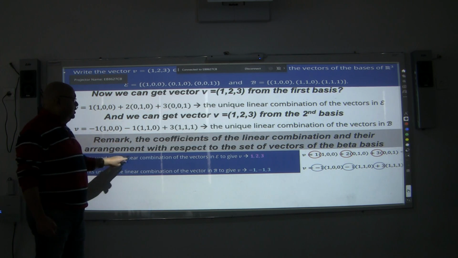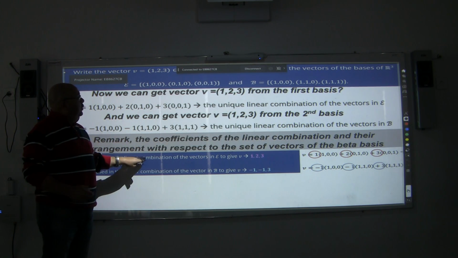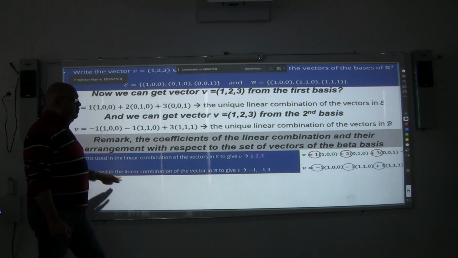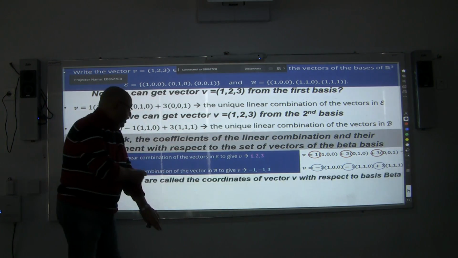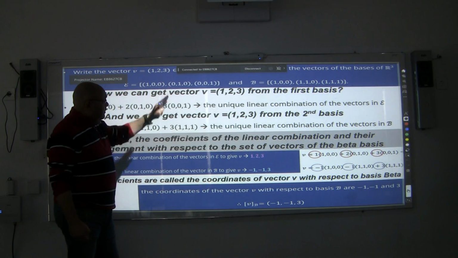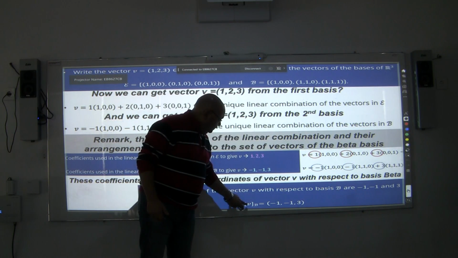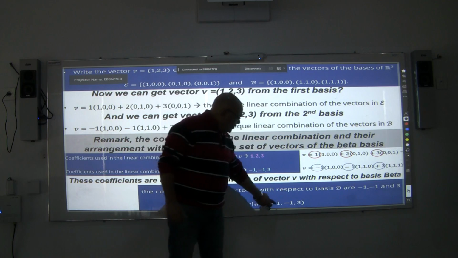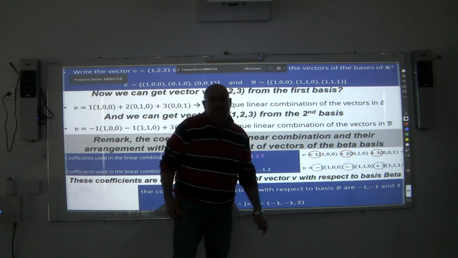So the coefficients used in the linear combination of v with respect to zeta are 1, 2, 3. For the vector with respect to beta, they are -1, -1, and 3. And so we call them the coordinates. Specifically for B, the coordinates of v with respect to B are -1, -1, and 3, as you can see.